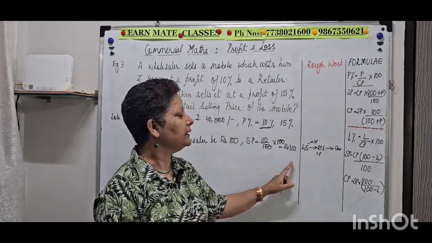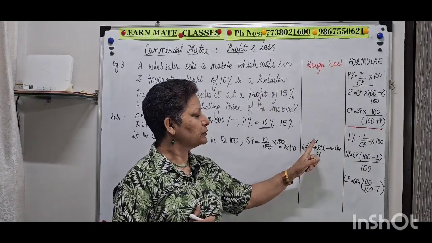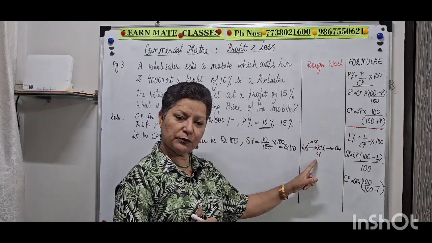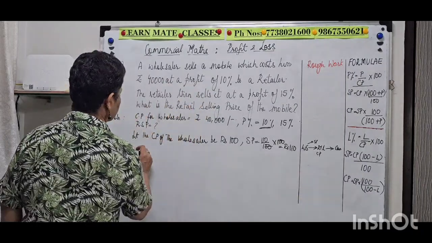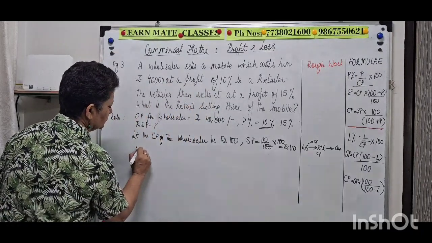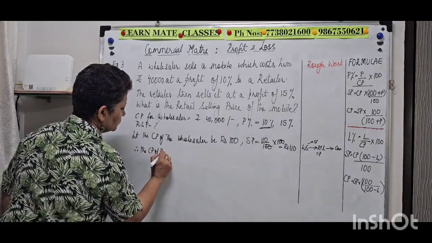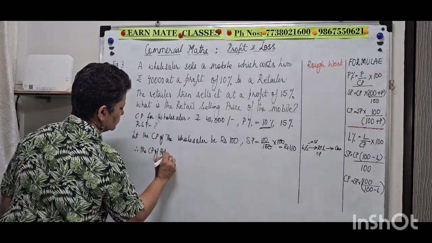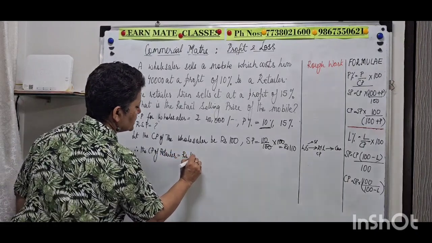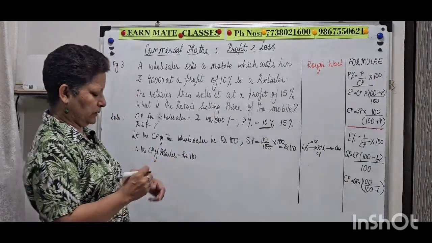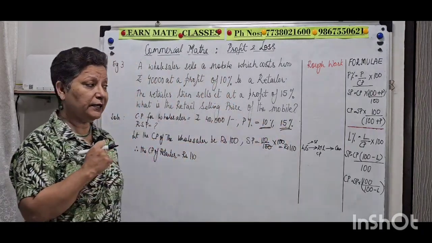I hope you got that, because when I am saying he is selling it to the retailer, that means the cost price of the retailer is the same. So the cost price for the retailer is rupees 110.